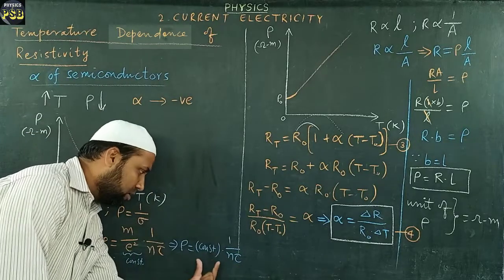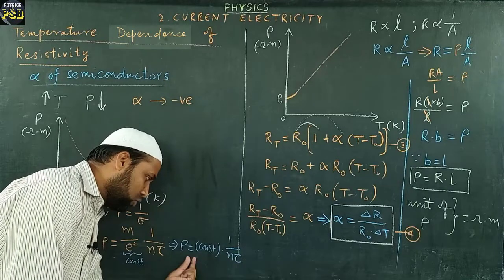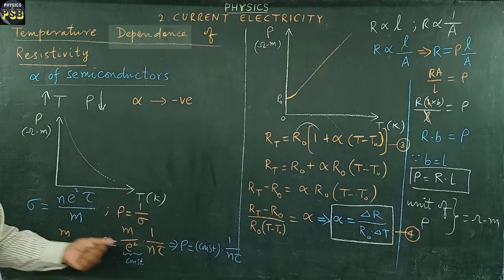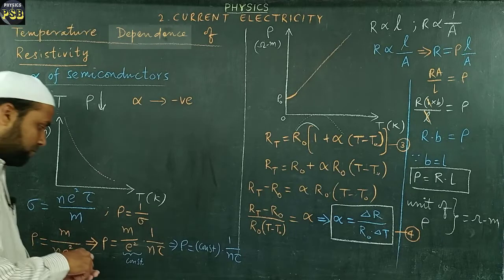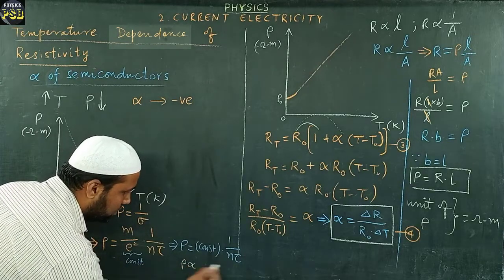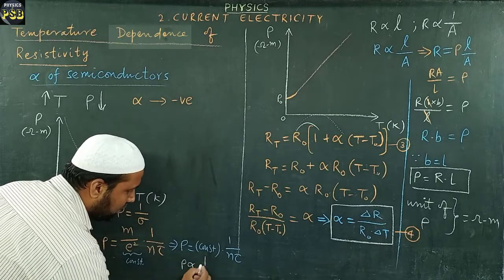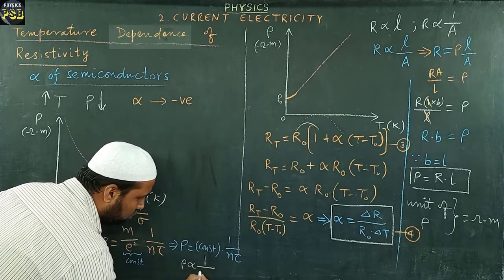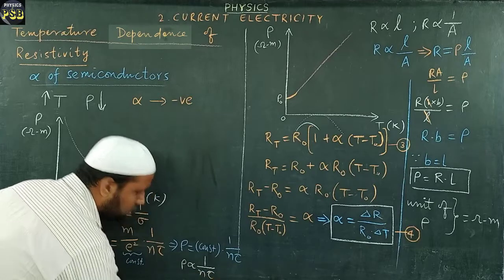When I combine the constant with the equal to sign, we get a proportionality. So rho is inversely proportional to n tau.